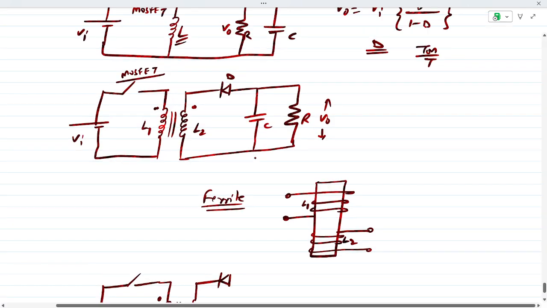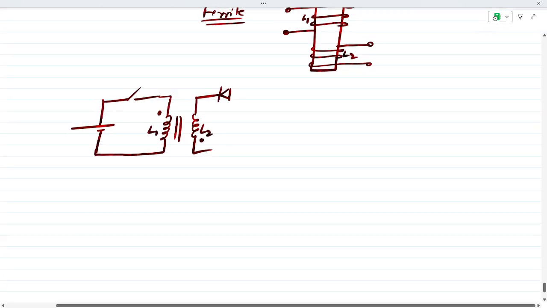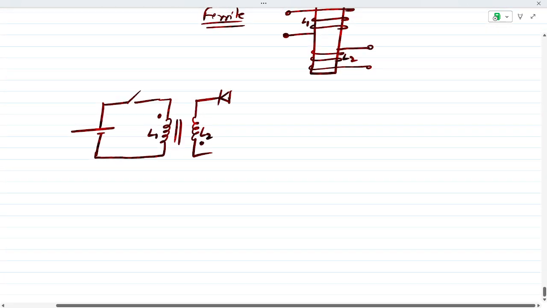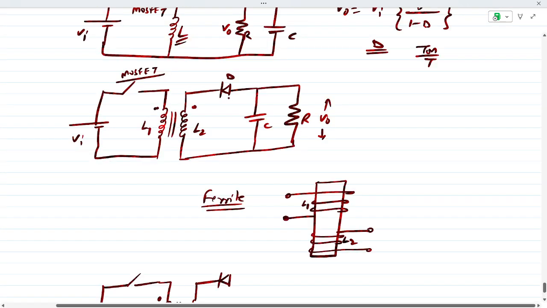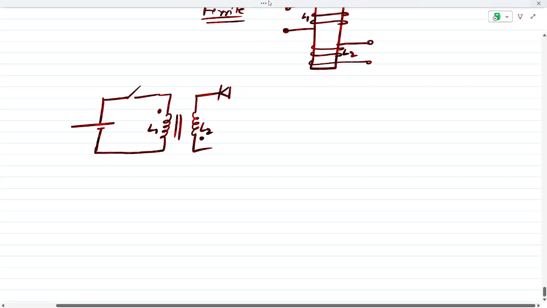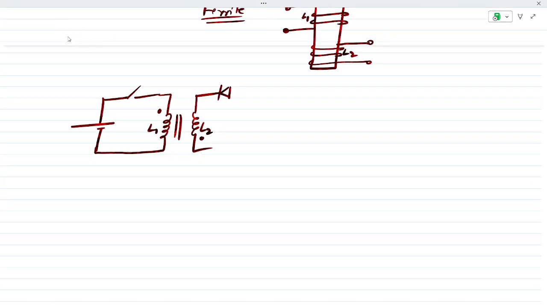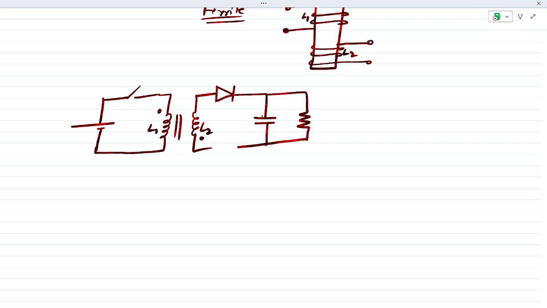Now here the diode will be connected opposite to the previous one. So here the diode will follow this sign, so it will connect like this, and this is the smoothing capacitor, and this is the load resistance R, and across this R the V naught will appear.